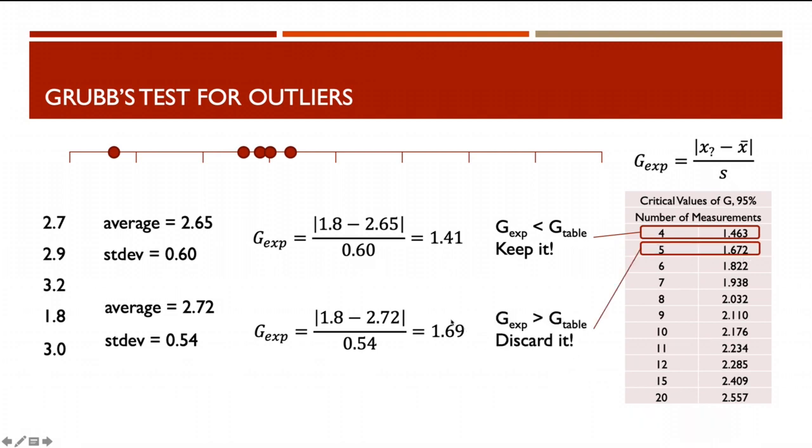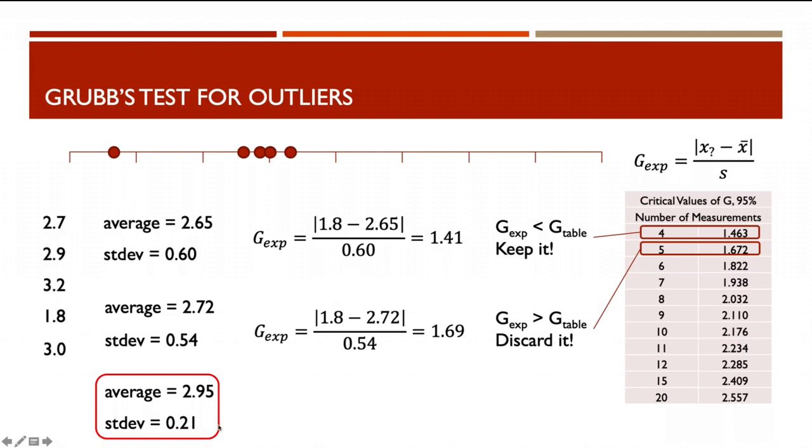In this case, my experimental value is greater than my table value, and therefore I can discard this point, this outlier point. So once I've discarded that point, then I can take a new average and a standard deviation. And this is what you would report in your lab report.